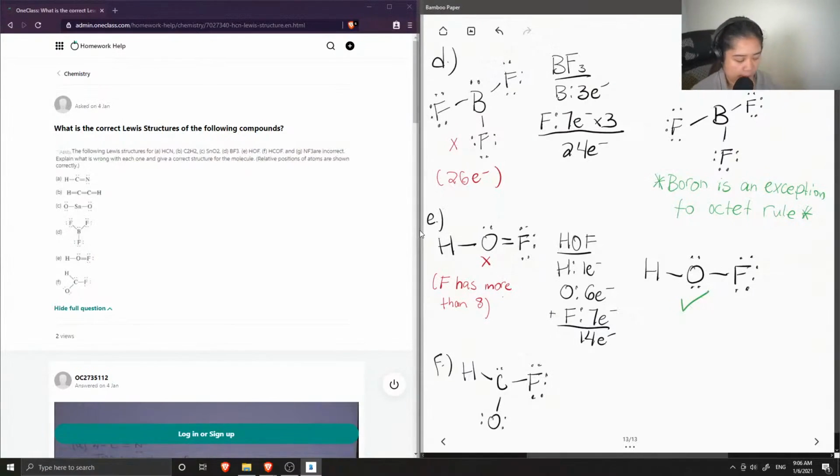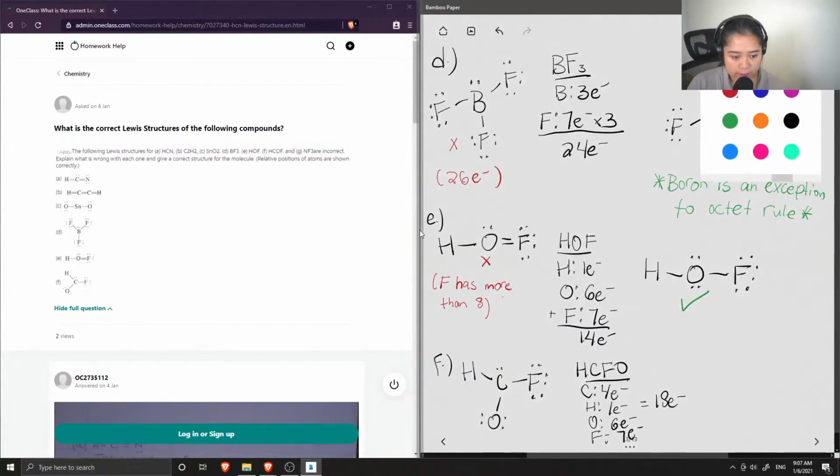And let's try to see how many valence electrons it should have. I don't really know the order that this molecule should be in, but anyways, carbon has 4 valence electrons, hydrogen has 1, oxygen has 6, fluorine has 7. So if we add them all up, we should need 18 valence electrons.